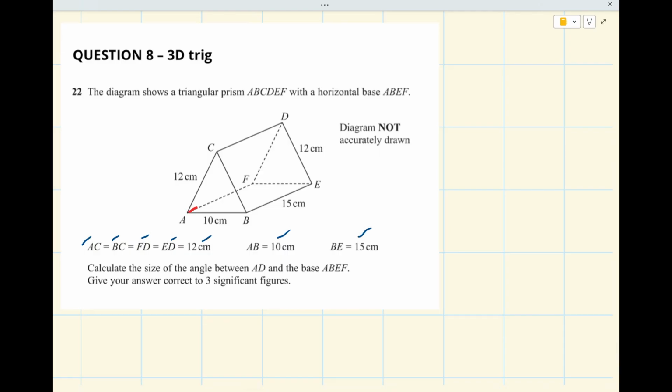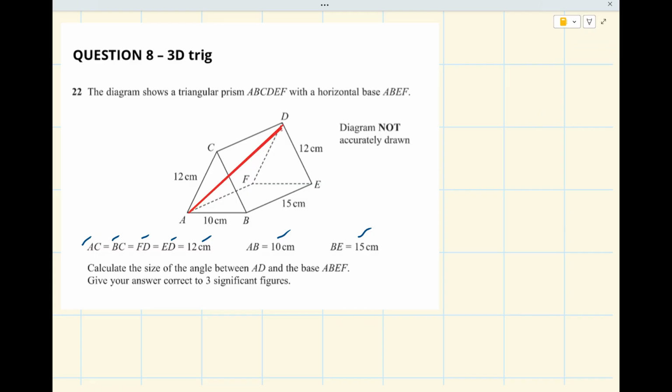Let's draw the line AD. And we've got to find the angle between that line and the base of the shape. So do we find that angle, this angle, or what? Well, the answer is that you have to imagine the shadow of that line AD. And where would that shadow come to?